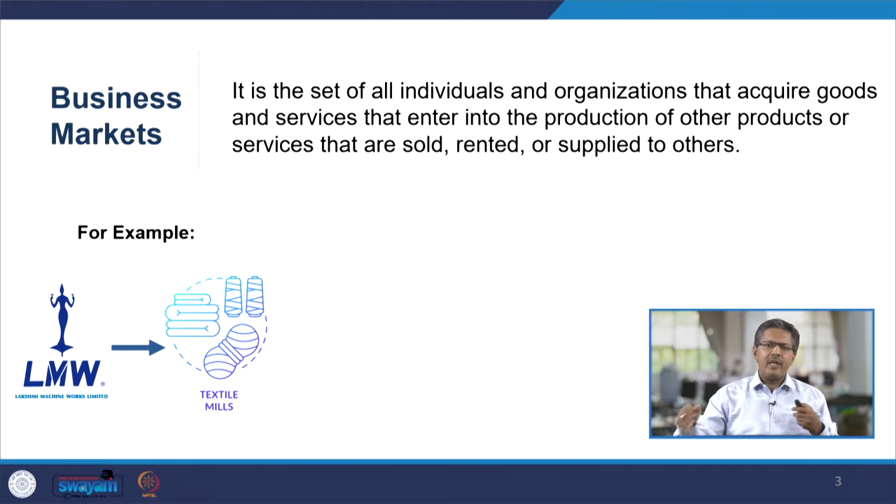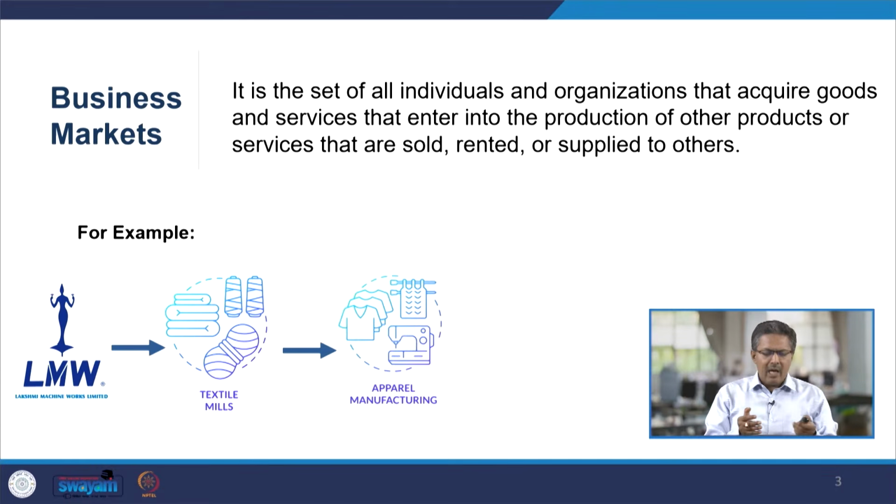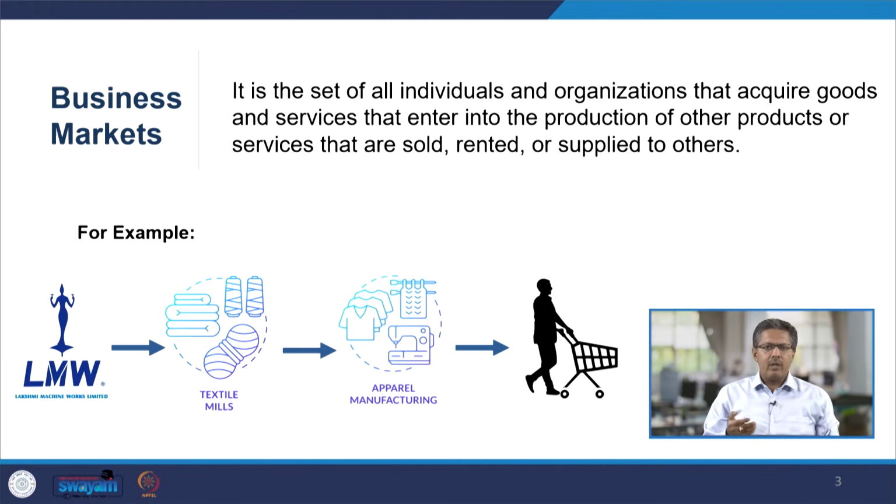These textile mills use the machines of LMW and produce yarns and other things, and then give them to the apparel manufacturers who put their brands on them. You can think of several brands, Gap, Louis Philippe, Van Heusen shirts or anything. And finally, it is the end consumer who buys it.